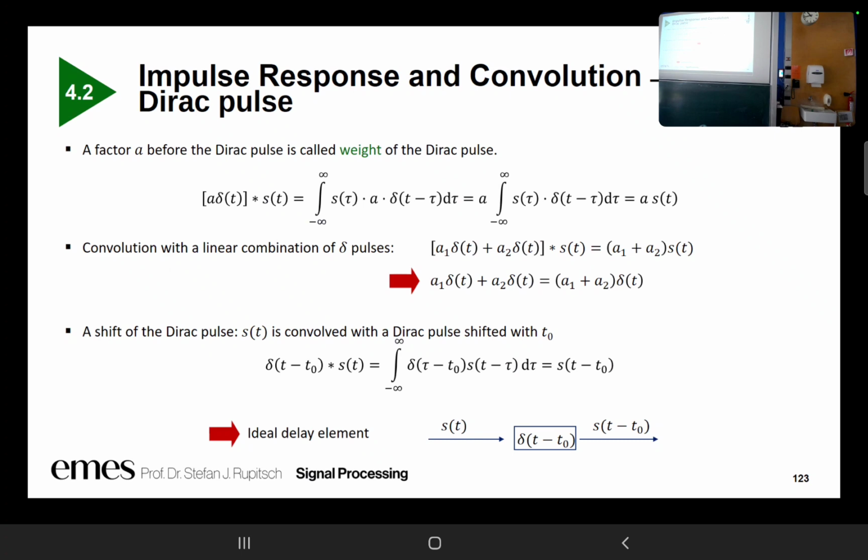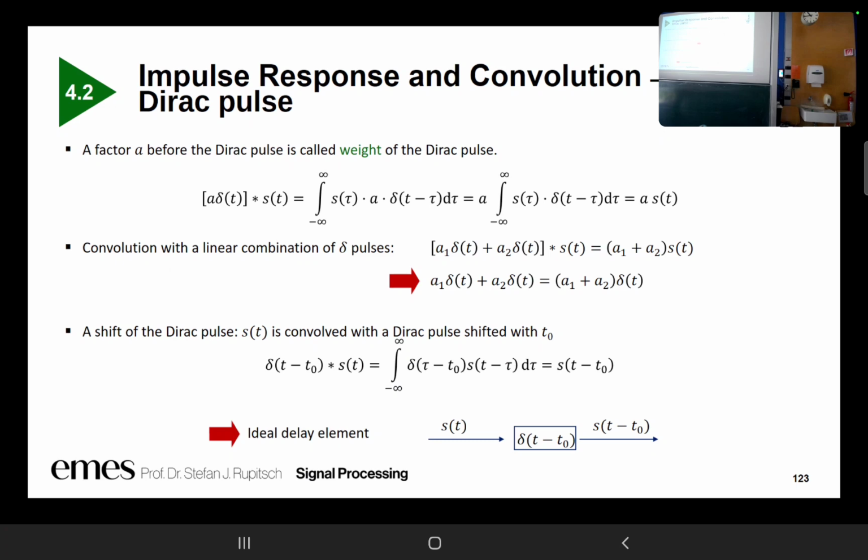And this is shown here. We have s from t, and a shifted version of the Dirac pulse as the impulse response of our system, then our input will be shifted in time. Okay. Why is this important for us? What do you think?